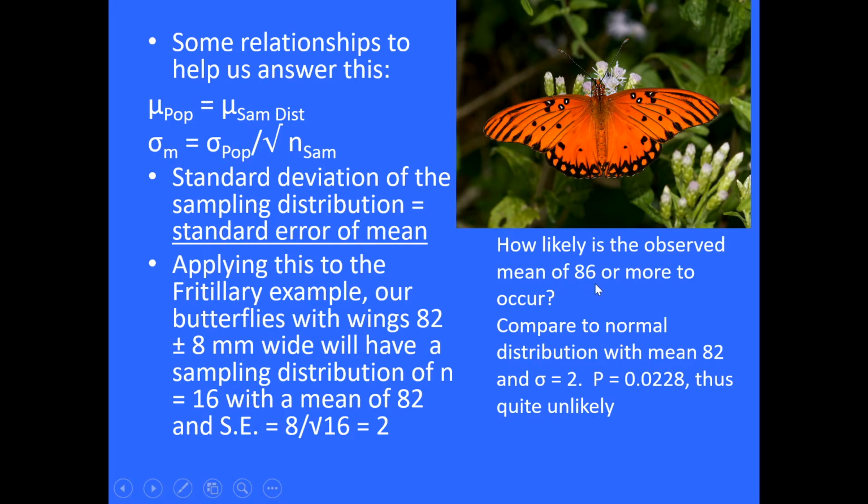Scientists would conclude that these fritillaries did not come from this population. So either the butterflies have changed because of lots of rain, or maybe somebody collected them in another country. Because this is very unlikely to occur, most scientists would say that no, those Gulf fritillaries are bigger than the population.